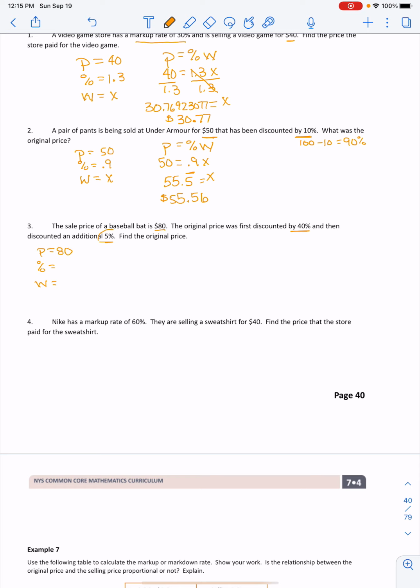We're discounting it 5%, so 0.95, because we are subtracting it from 100. We need the original, so P, percent, and W. So we have 80 equals 0.95x, and we are going to divide both sides by 0.95.